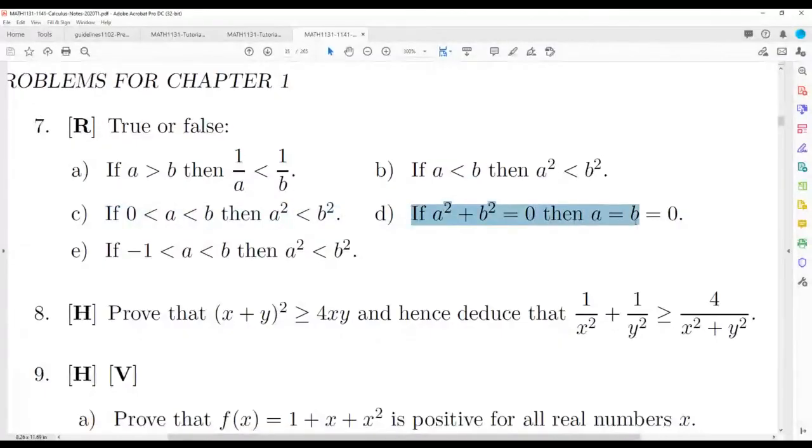Let's do another one. Let's do part D. If A squared plus B squared equals 0, then A and B are both 0. Is that true? Is that false?